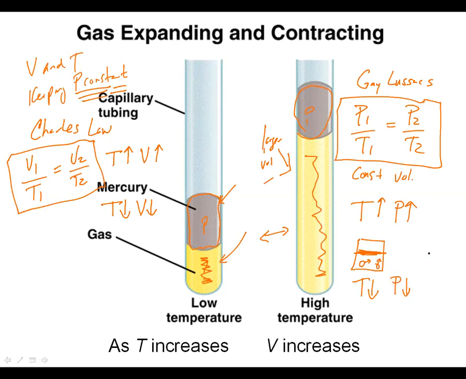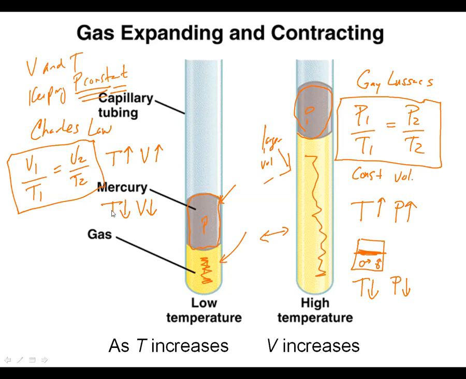So these two sort of gas laws are related to each other. One is at constant pressure, and that's Charles' law, which is the way it's able to maintain that constant pressure is the volume will adjust to allow the rate of collisions to remain relatively constant.